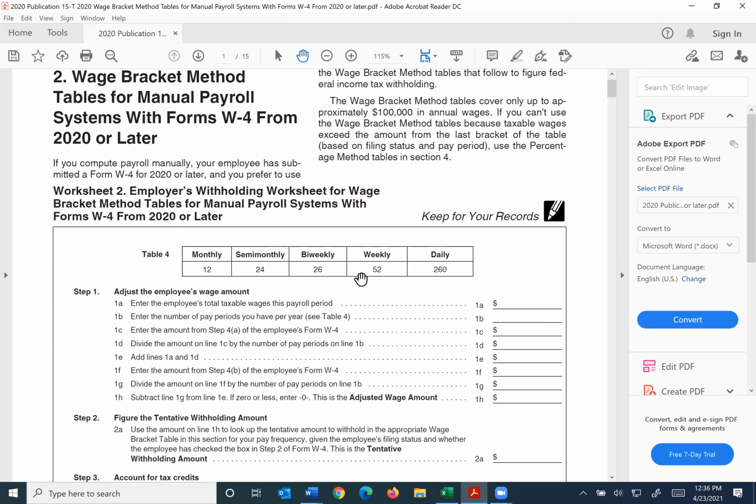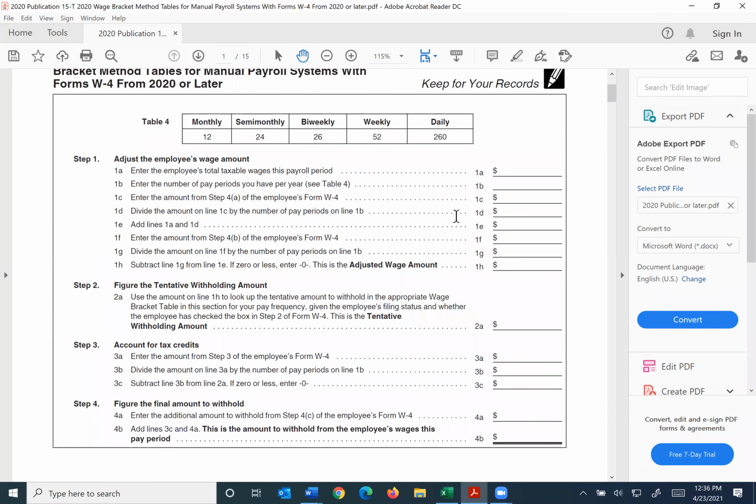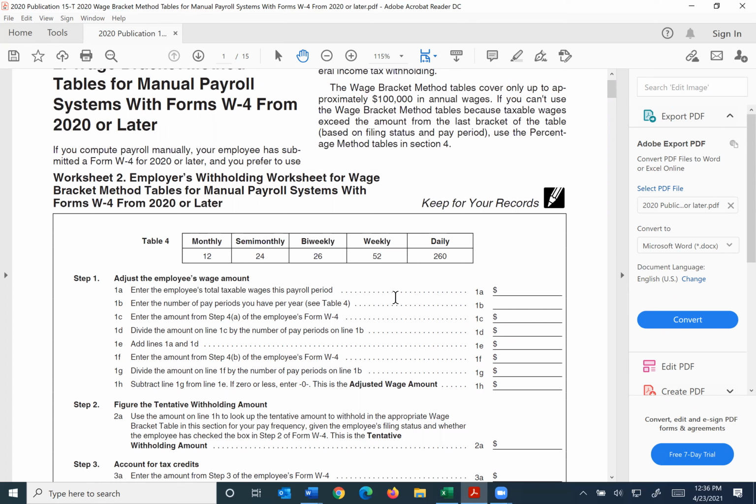This is the worksheet, and you may get very good at this. But first off, you need to determine, is this employee's wage low enough to fit on the wage bracket method? So we'll see that here in a minute. And if they are eligible for the wage bracket method, you'll want to use it because it's going to be the easier method to use than the percentage method for W-4s after 2020.